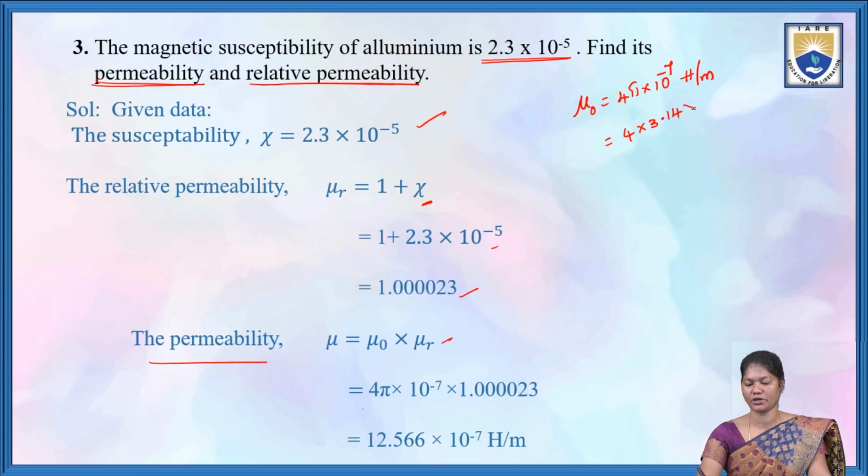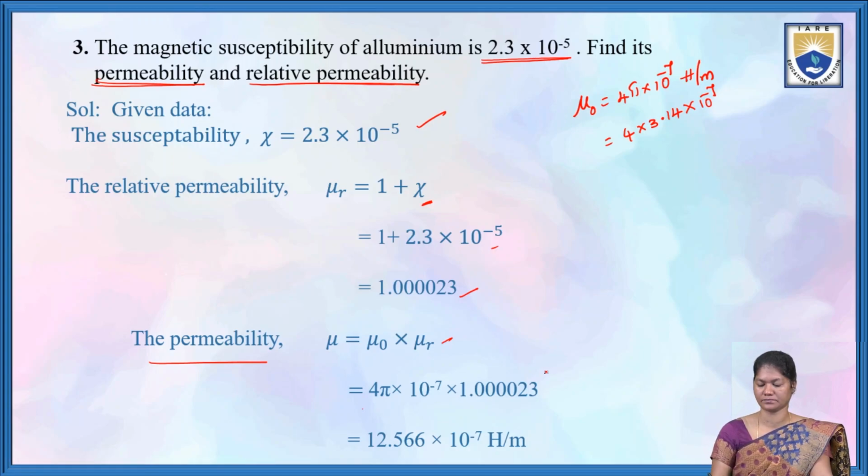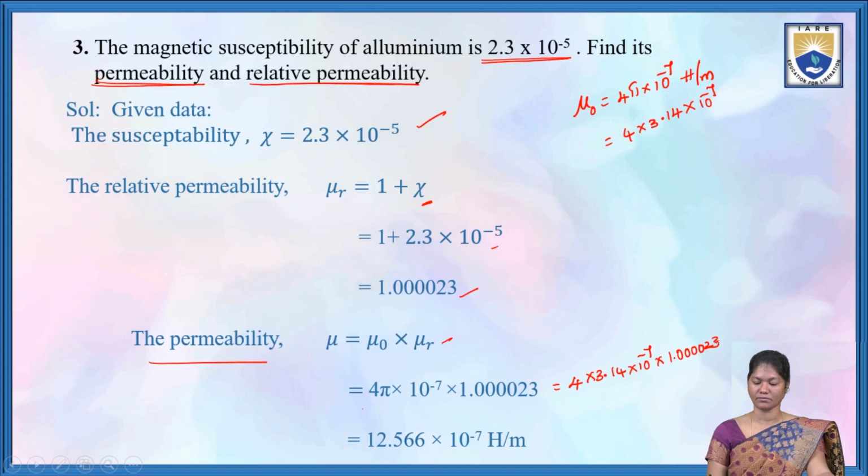So we get 4 into 3.14 into 10 power minus 7 into 1.000023. So calculating this, we'll have 12.566 into 10 power minus 7 Henry per meter. This is the value of permeability.